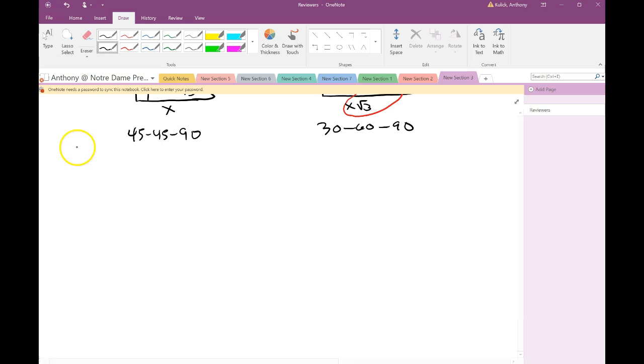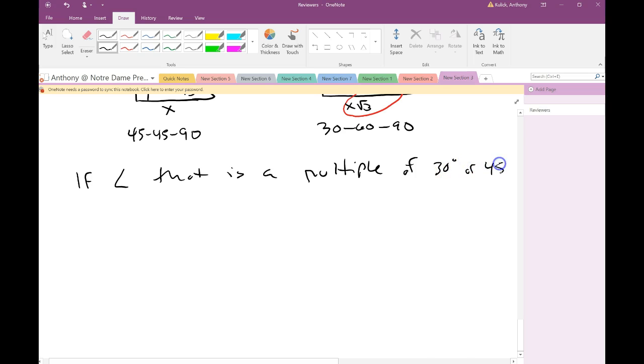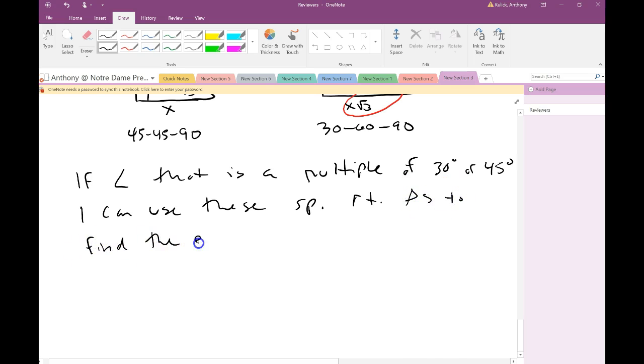So, if I have an angle that is a multiple of 30 degrees or 45 degrees, I can use these special right triangles to find the exact values of sine, cosine, or tangent.